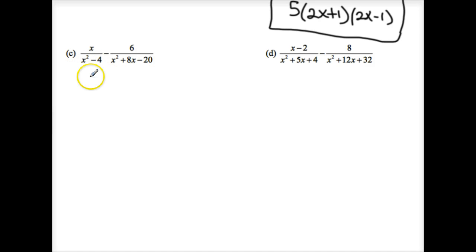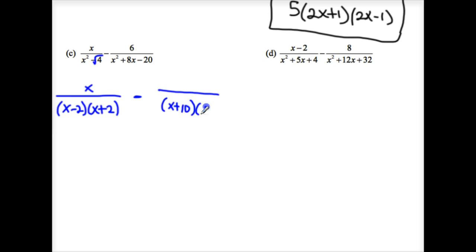So first thing I need to do is get a common denominator by factoring. x minus 2 and x plus 2 over x. Remember, this is a square root. Take away my a, my b, my c. This works out to be x plus 10 and x minus 2.